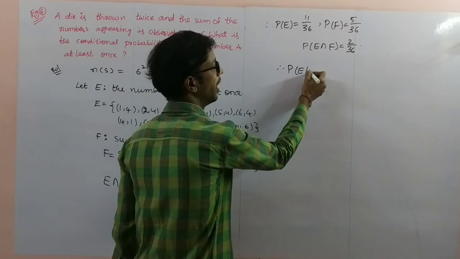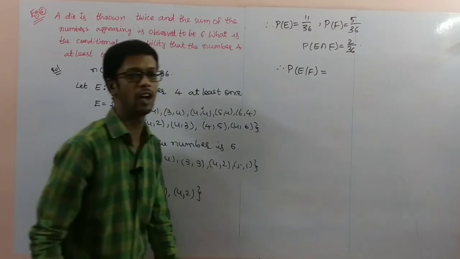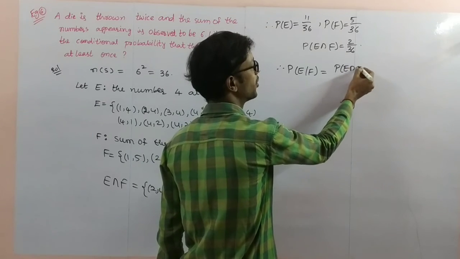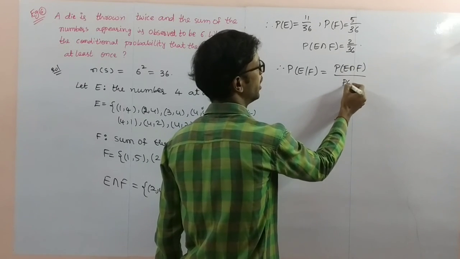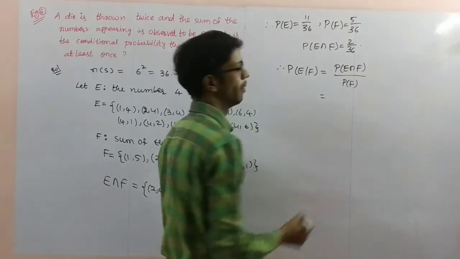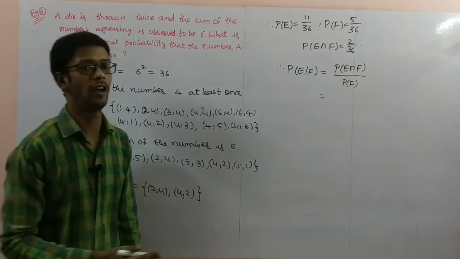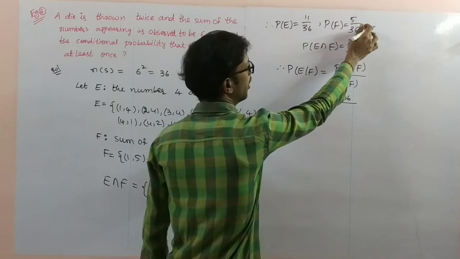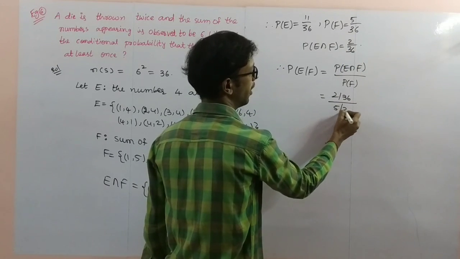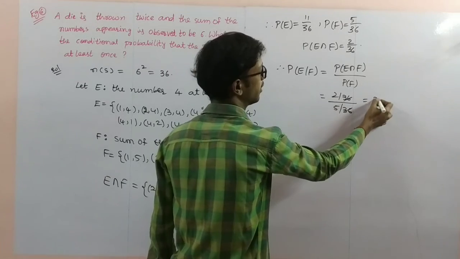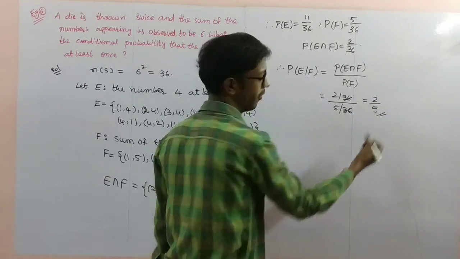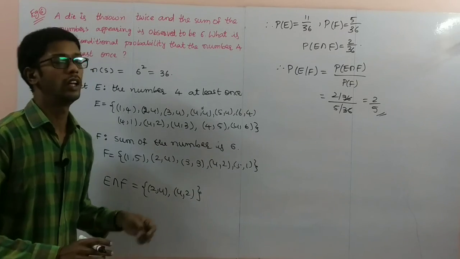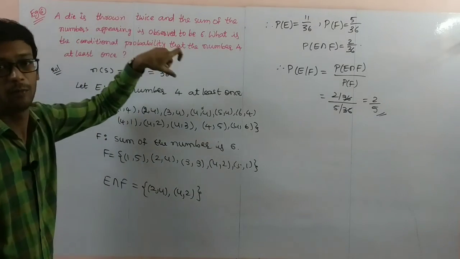Probability of E given F is equal to probability of E intersection F by probability of F. Probability of E intersection F is 2 by 36, probability of F is 5 by 36. 36 gets cancelled. 2 by 5 is the answer here. So you observe, this is a very important thing.